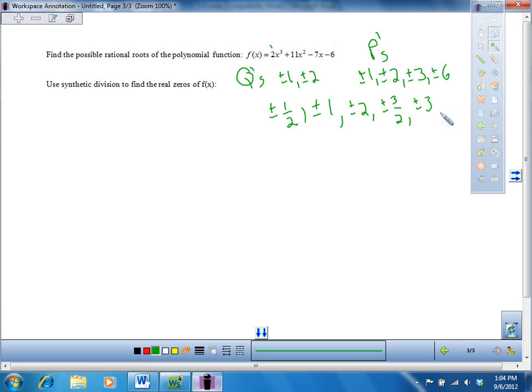And then I have plus or minus 6 over 2, which would be 3, which I already have, or plus or minus 6. You understand that? These are all my p over q's. Those are all my possible rational roots.